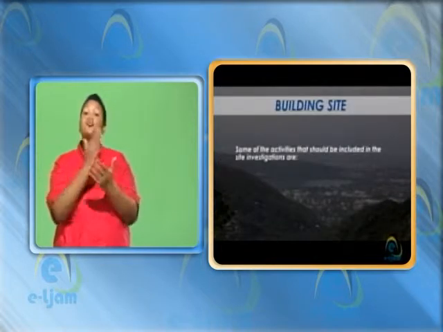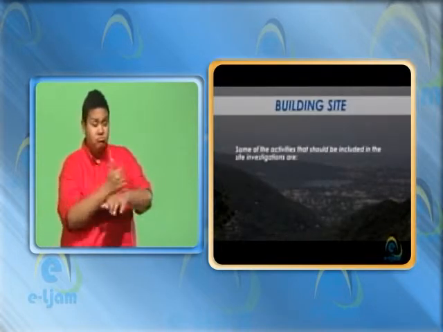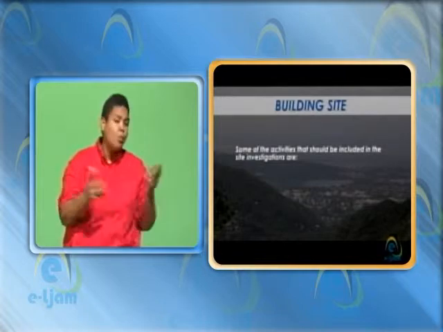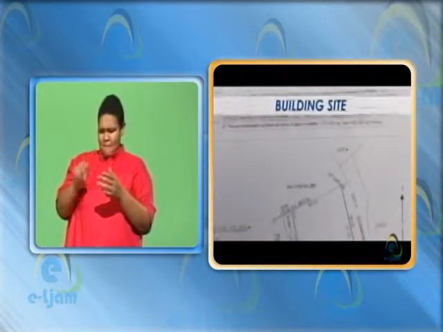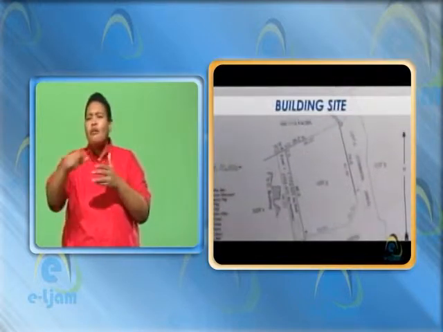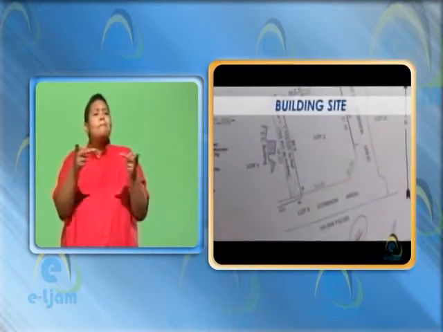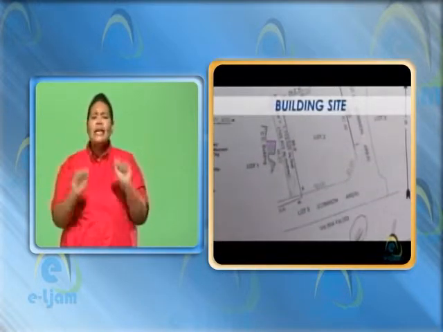Some of the activities that should be included in the site investigations are: 1. Referencing survey maps to determine adjacent features, location, roads, facilities, footpaths, and rights of way. 2. Conducting a measurement survey to establish site dimensions and levels. 3.